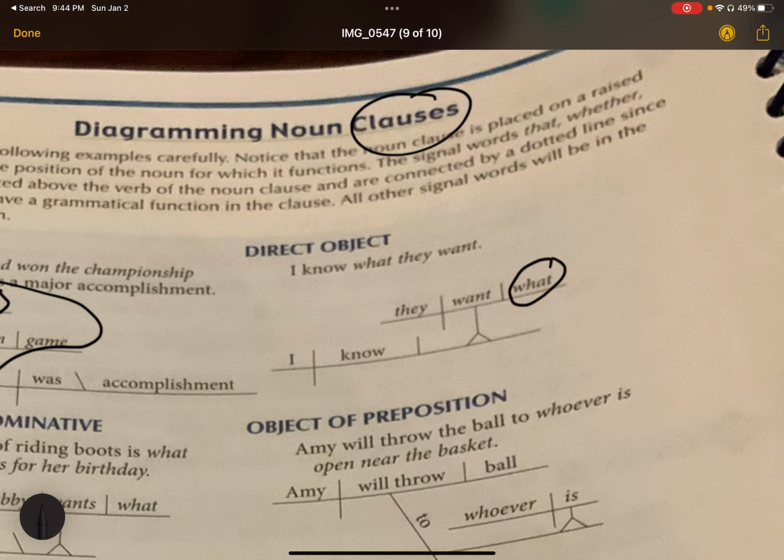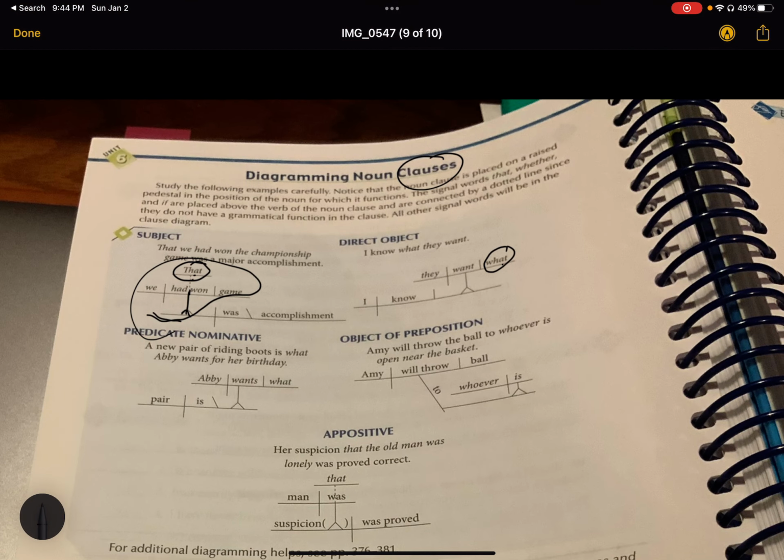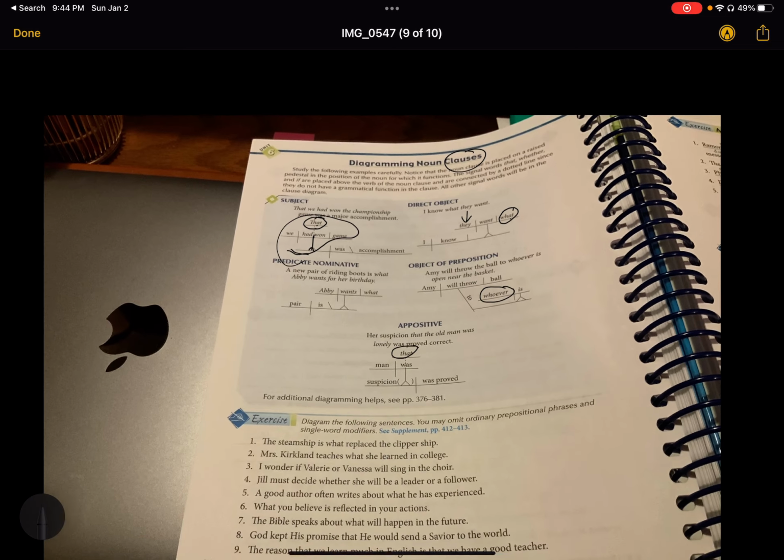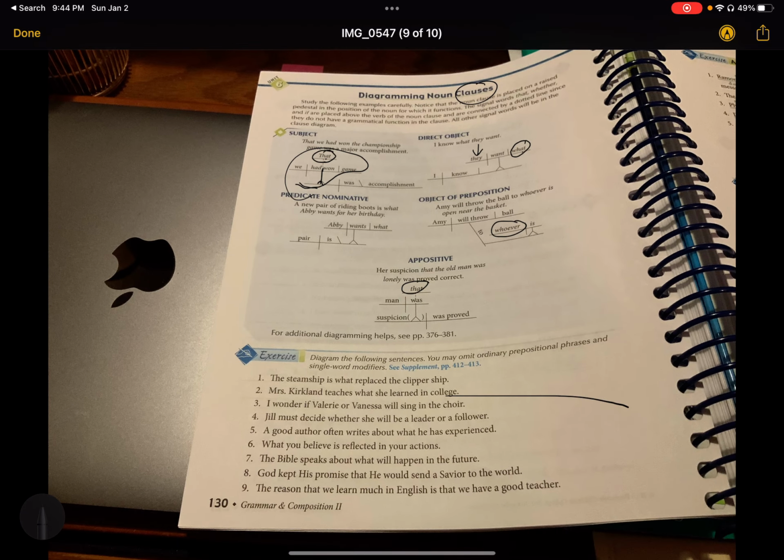Like if they're the direct object, they'll go to the right of the verb. Or if they're the subject, they would go here. So they get to go up on their own pedestal. Here's an example where the signal word is the subject of the clause. Here's another example at the bottom where it's just an introductory word and it's not grammatically part of the clause.